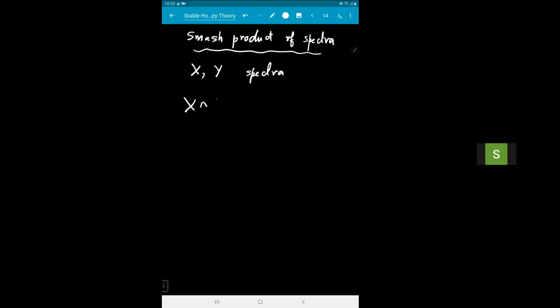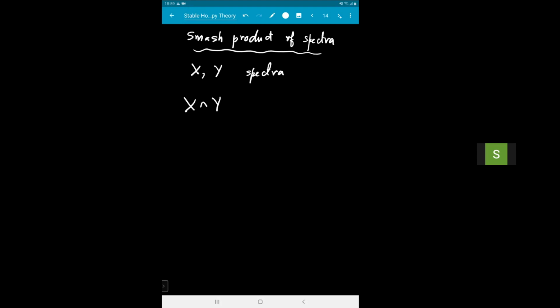What you want is that to do homotopy theory, you also need something called the smash product of spectra. So if I have spectra X and Y, I need to define a smash product which should generalize the smash product of spaces, right? So you can do the smash product of spaces.